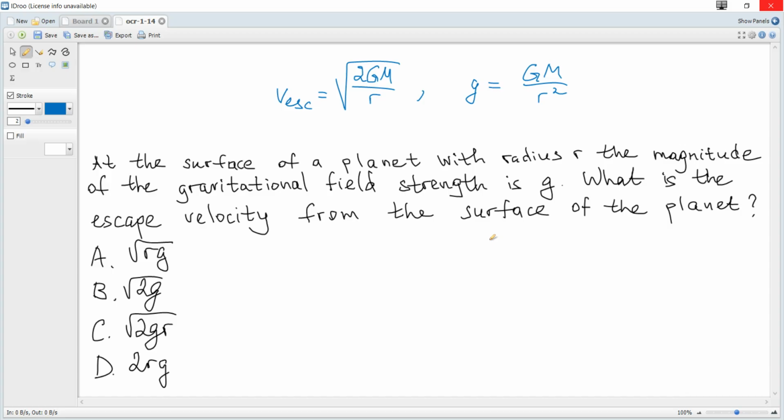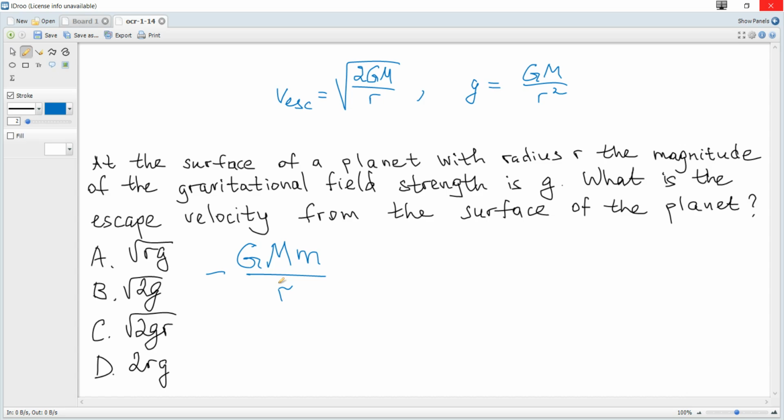The law of conservation of energy states that the total energy is conserved, and initially the total energy is equal to the sum of the potential and the kinetic energy. We can see the total energy of the object at the surface of the planet, and the potential energy is equal to negative G times the mass of this planet times the mass of the object divided by the distance from the center of the planet.